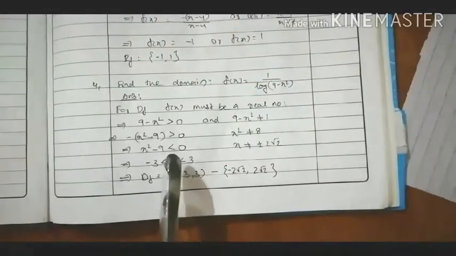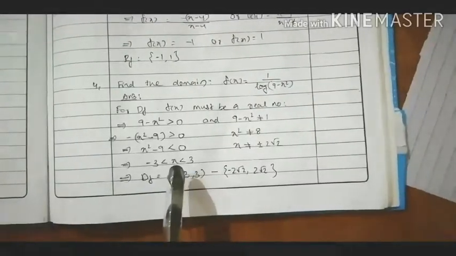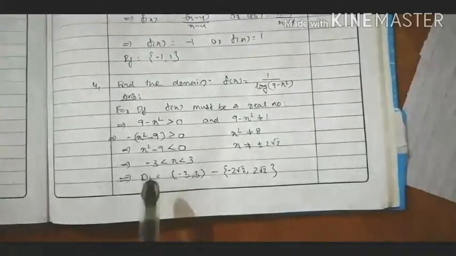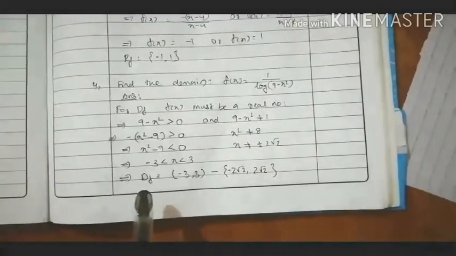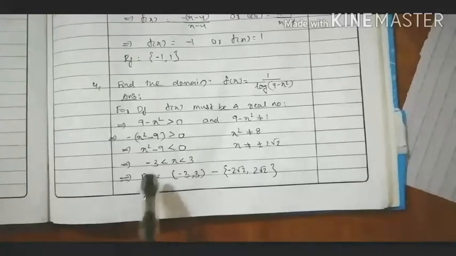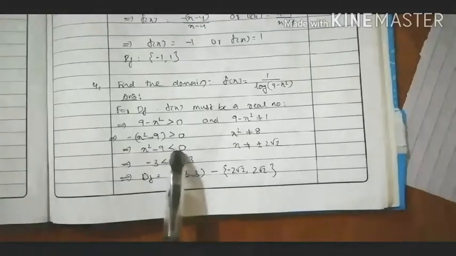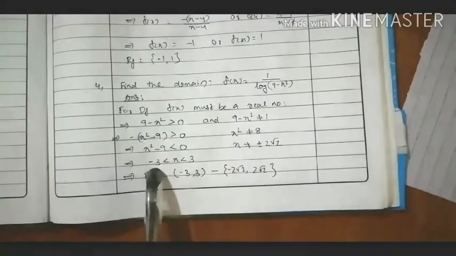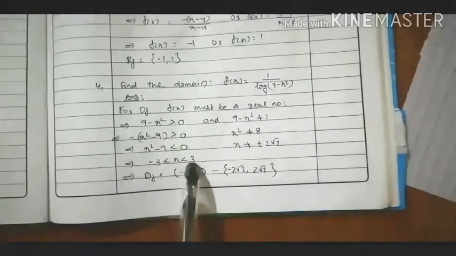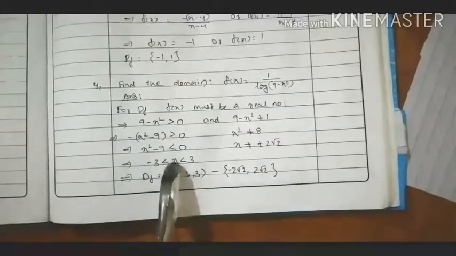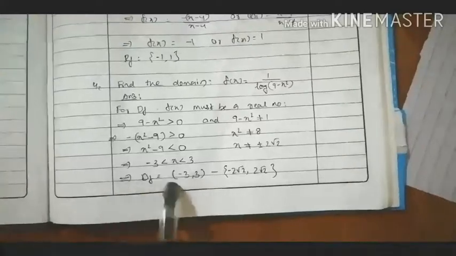I think all of you remember the conditions related to inequalities. Using the identity we can write x plus 3 into x minus 3 less than 0. That implies minus 3 is less than x is less than 3, so the value of x should be between minus 3 and 3.